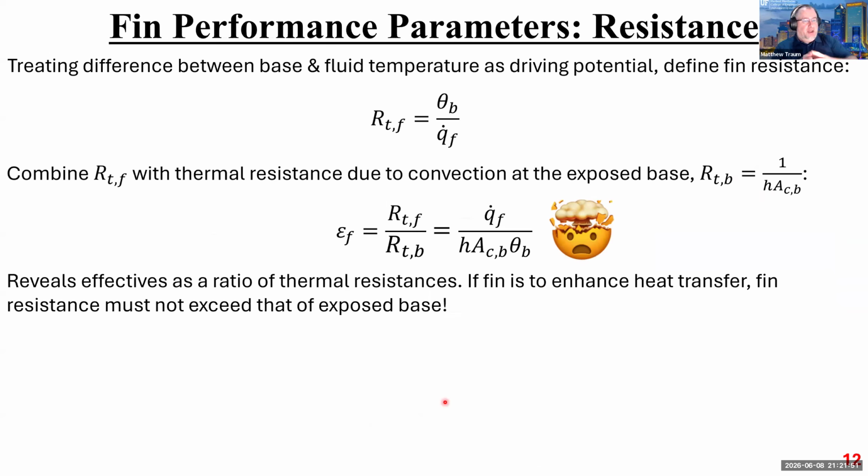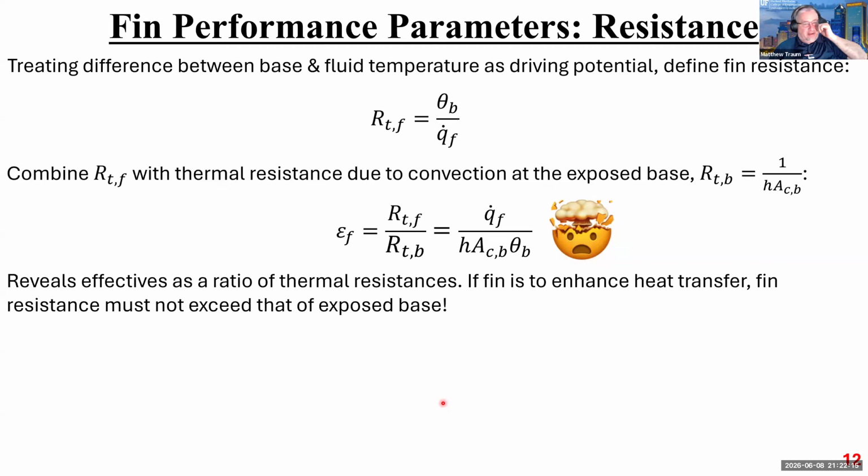Okay. So, fin performance parameters, resistance. We spent an entire lecture talking about the equivalent thermal resistance for 1D conduction, right? We talked about composite walls, and porous materials, and what happens if you have layers of different composite materials on top of each other and all that stuff.